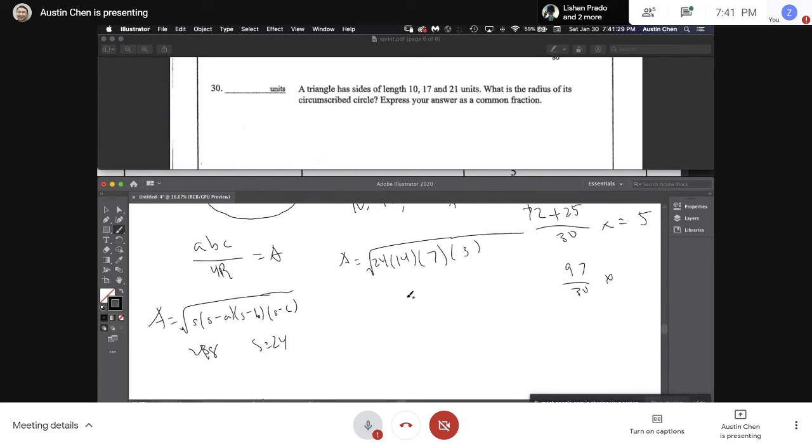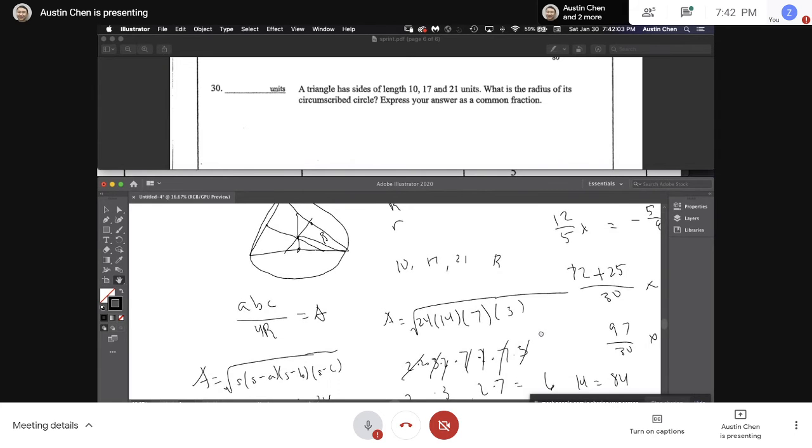Then prime factorize this to look for factors to get out. We're going to have a 3 times 2 here and a 2 times 2. So you can take out a 2 here, a 3 here and a 2 here, and a 7. Then our area is just this product, which is 6 times 14, which is 84.